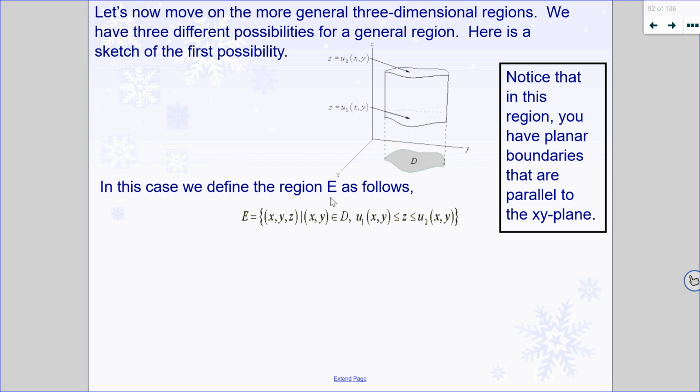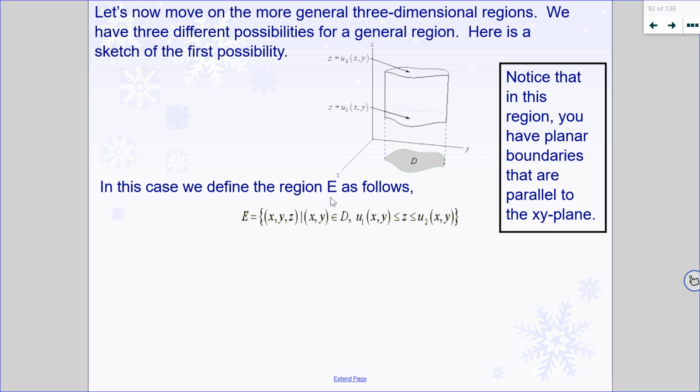Now, if we get creative and don't just do a box, that means our bounds will no longer be numeric. In this case, we have surfaces that are going to make up our boundaries. Here we look at 2 surfaces that are going to be parallel to the xy plane.